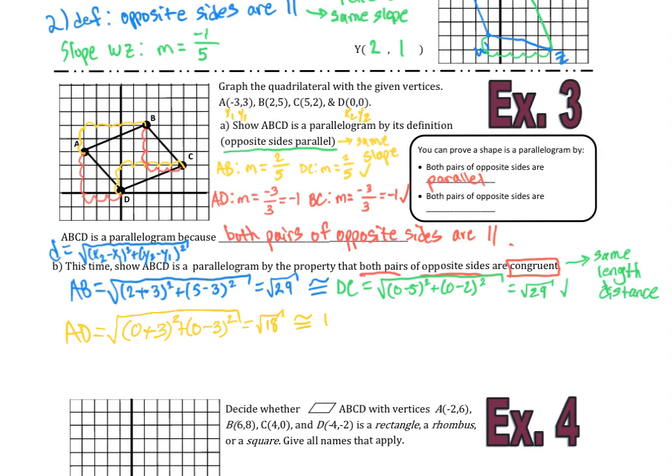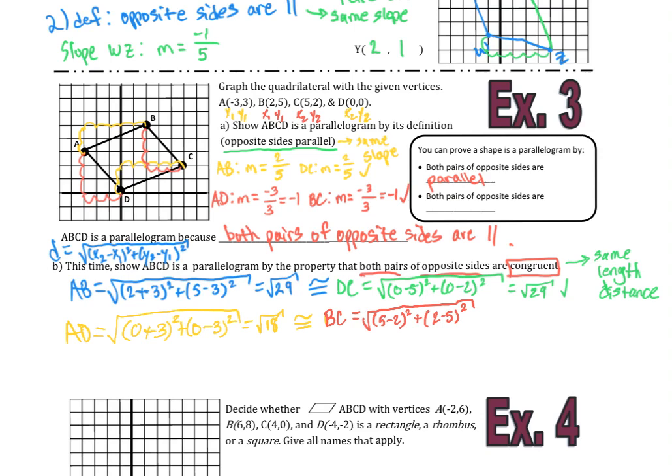BC equals, and so this would be my new x1, y1. This would be x2, y2. And if you don't remember from the distance formula, it doesn't matter which points are x1, y1 or x2, y2. You should get the same answer regardless, okay? But here we go. Let's fill it in. We get 5 minus 2, don't forget the squared, plus 2 minus 5, don't forget the squared.